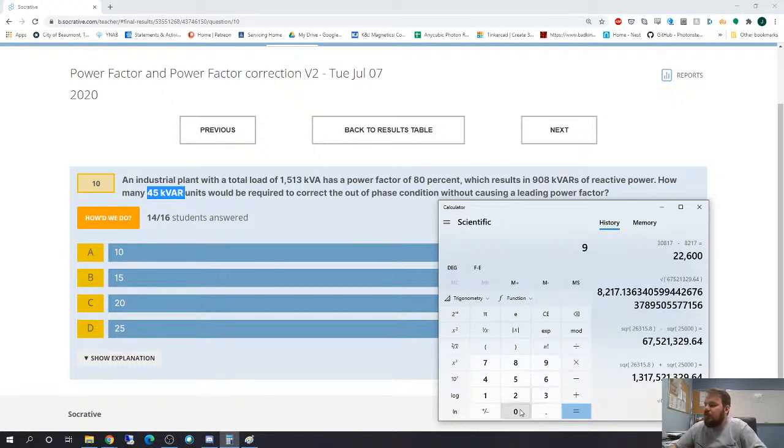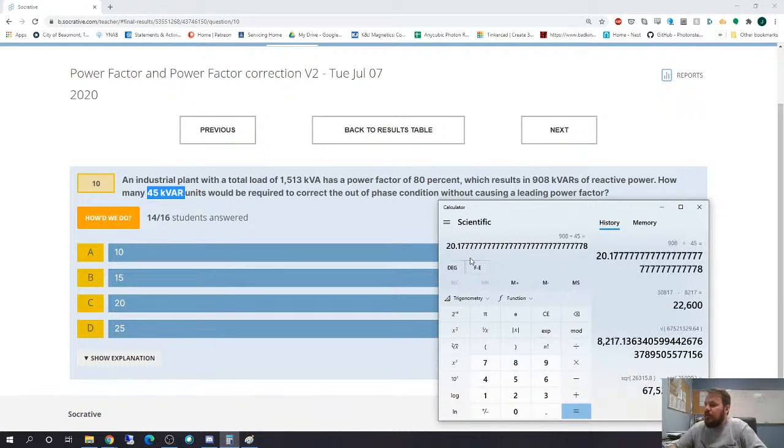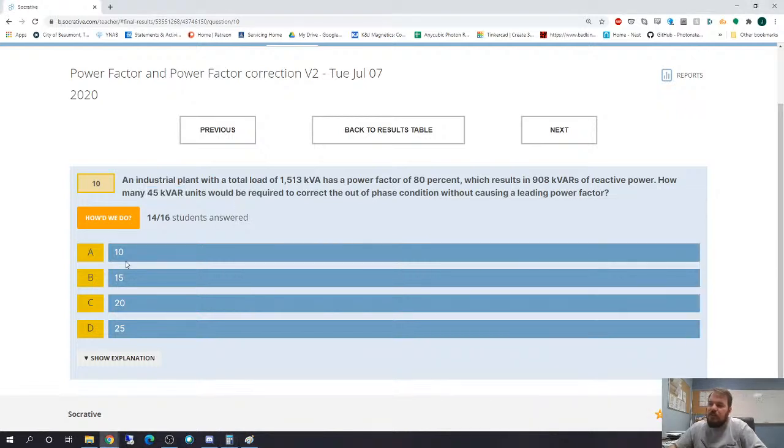So we're going to take 908 and divide it by 45, and the whole number is 20. Of our options, 10 and 15 wouldn't correct the out-of-phase condition. 25 would take us beyond where we wanted to be. So 20 is our answer. It's as simple as dividing.